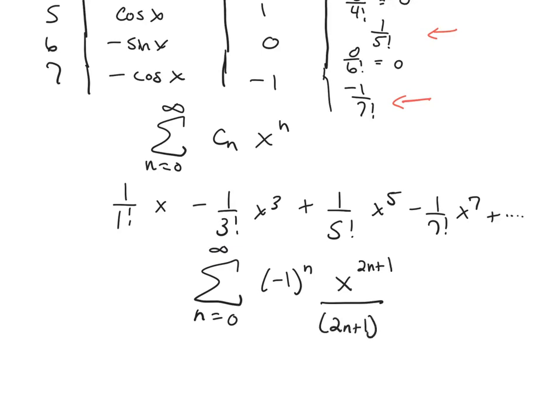And then 2n plus 1 factorial, because the factorial matches my exponent on x. And that is our Maclaurin series for sine of x.